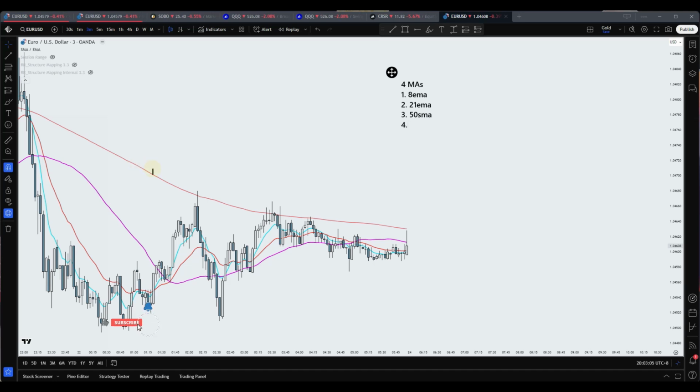And then the 200 SMA. This one is the longer term moving average, and this is the light red color or light orange, whatever. So these 4 moving averages we will use, and these moving averages are our guideline to check whether we want to play the continuation or counter trend.